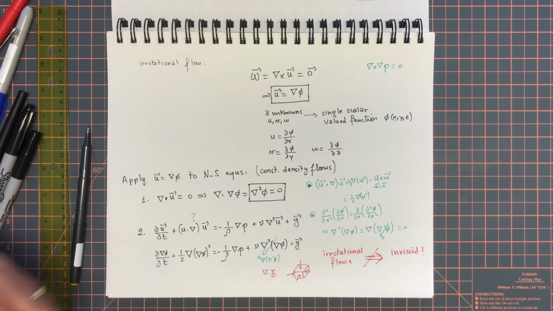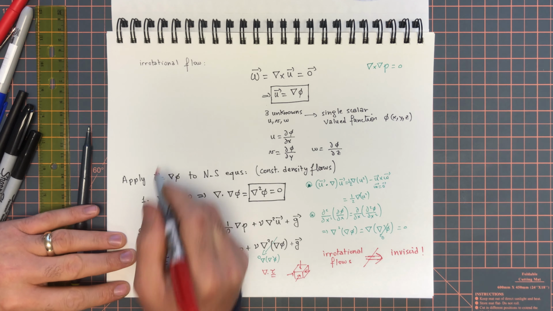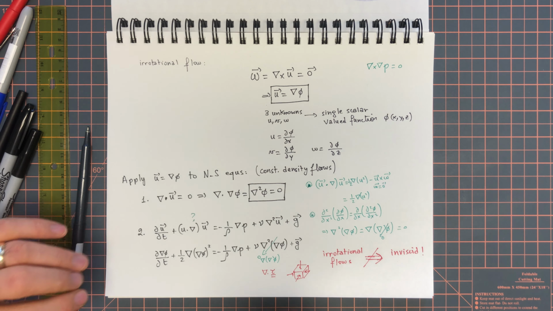Okay? Now, in practice, the reason that people get confused about this is that typically a viscous fluid is always associated with rotation, because viscosity produces the no-slip condition, and when you have a no-slip, that forces the velocity to go to zero near a boundary.